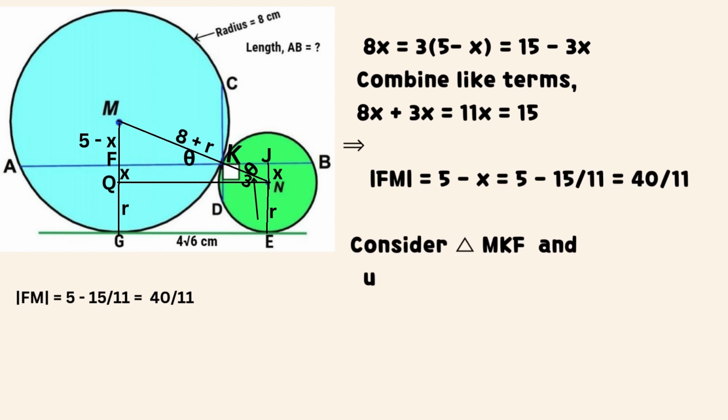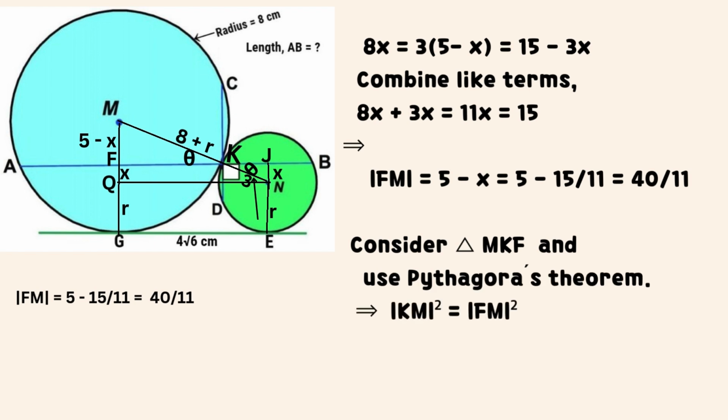Combine like terms. We have that the sum of 8 times x and 3 times x equals 11 times x. The result equals 15. It follows that line FM equals 5 minus x, which equals 5 minus 15 divided by 11. The result equals 40 divided by 11.